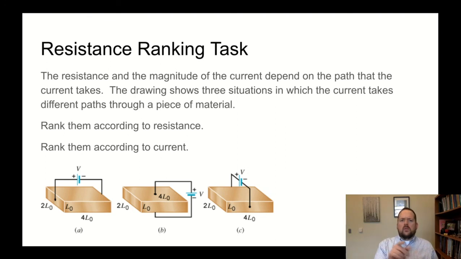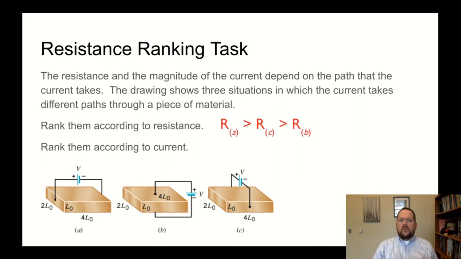So how would these 3 blocks of material rank according to resistance? Well, if they're all the same material, they all have the same resistivity, so rho is the same. The one that's going to have the most resistance is the one that has the greatest length to flow through and the smallest cross-sectional area. And that is situation A, where you flow through a length of 4L, but the cross-sectional area is 2L times L. And the one that has the least resistance is going to be when you flow through that length of L, but the cross-sectional area of the material is 4L times 2L.